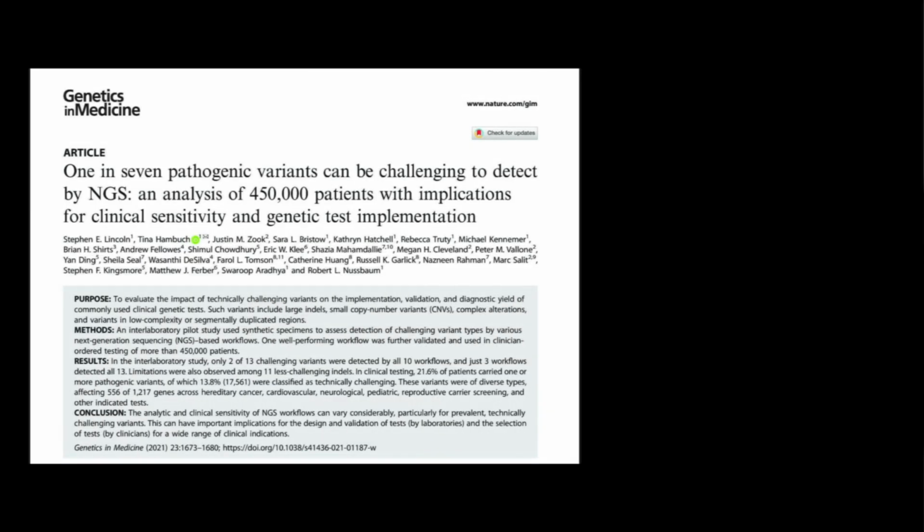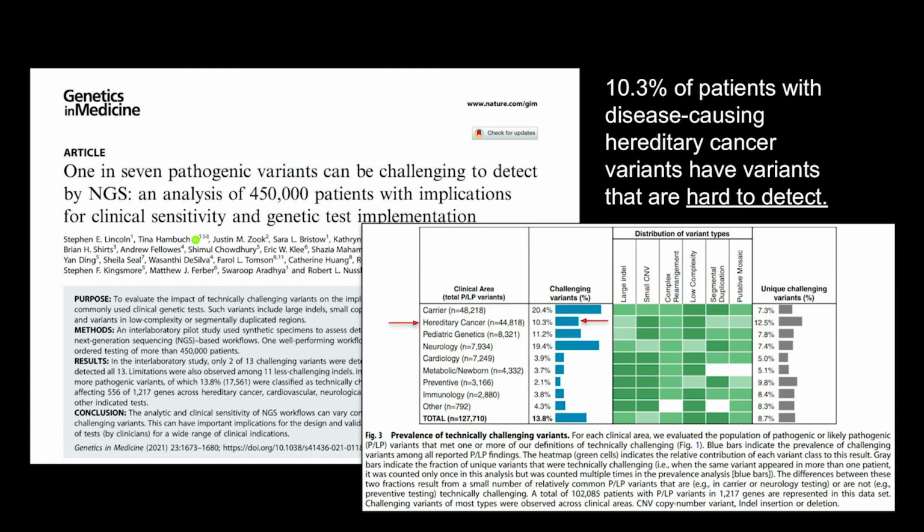A study which will be published in 2021 by an international group of laboratories, led by a clinical lab here in the USA, has demonstrated that at least 10.3% of patients with disease-causing hereditary cancer variants have a variant that is hard to detect with short-read next-generation sequencing. This is the primary sequence technology used by most every lab doing hereditary cancer panels.